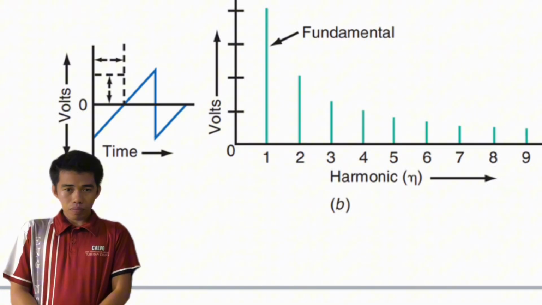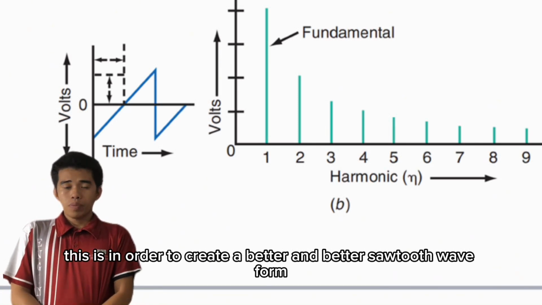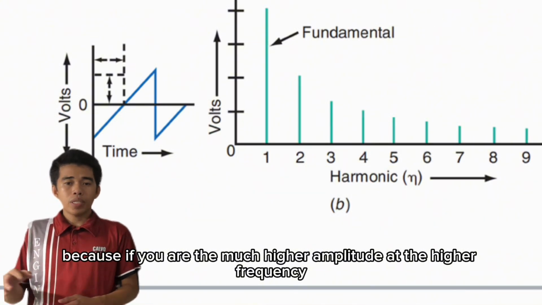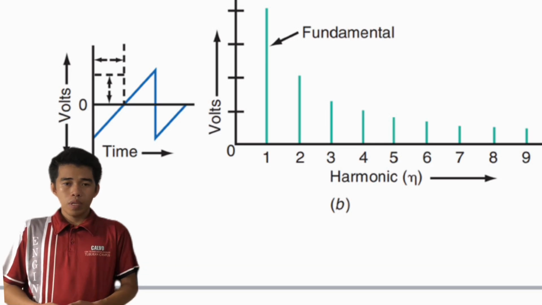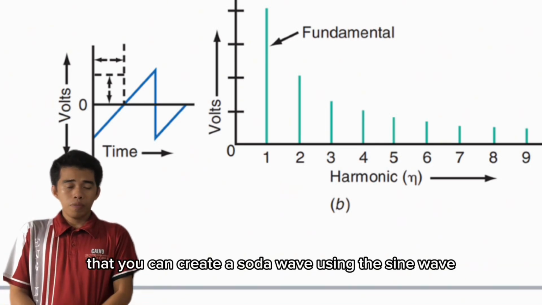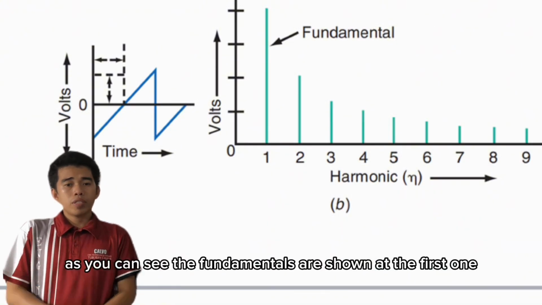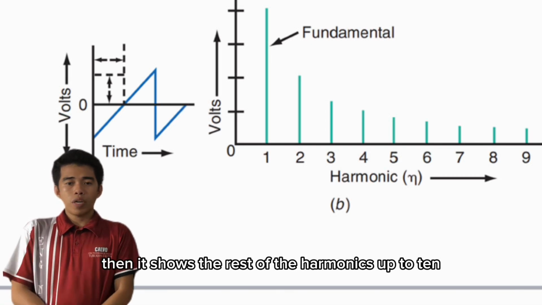This is in order to create a better and better sawtooth waveform, because if you add a much higher amplitude at the higher frequency, it would change the shape of the sawtooth wave. This is the only way that you could create a sawtooth wave using sine waves. In this example, the fundamental is shown first, then the rest of the harmonics up to 10.